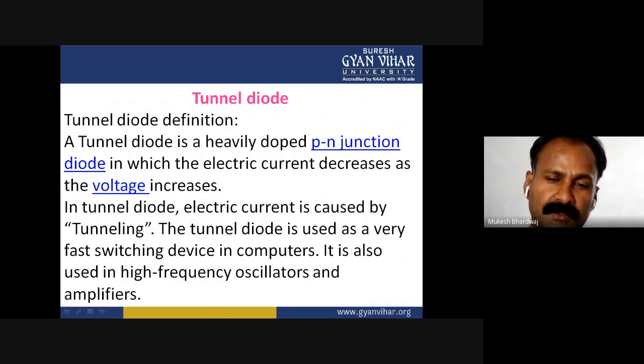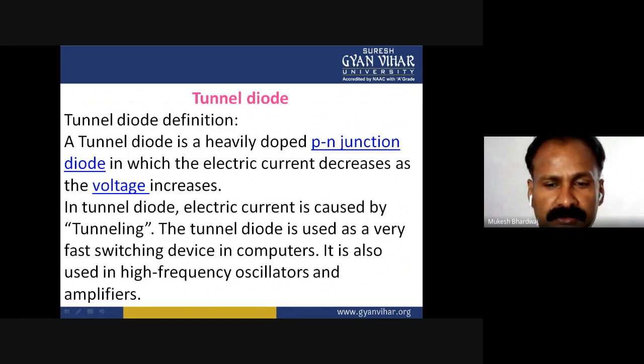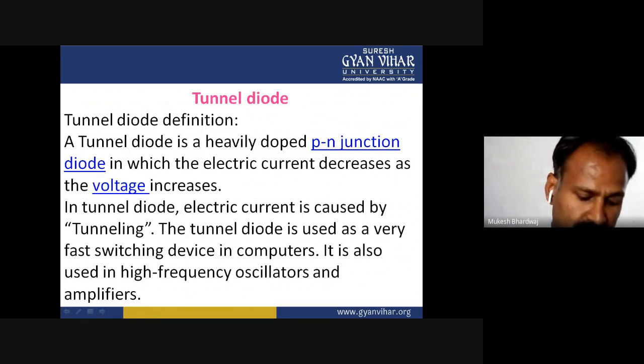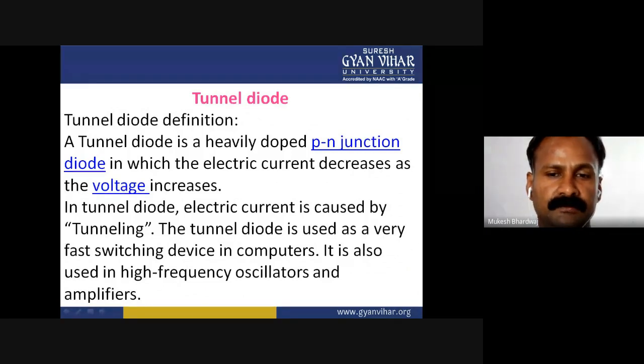That's why its name is tunnel diode, because the special construction of the diode results in some sort of tunneling effect in the VI characteristic. So due to that, its name is tunnel diode, and it's used in very specific applications also.